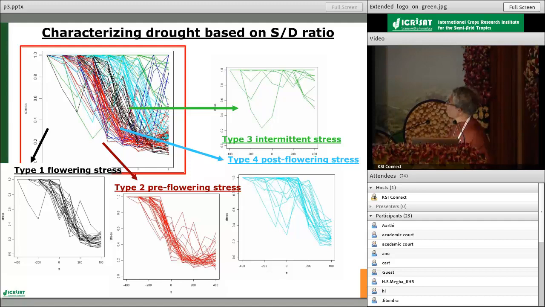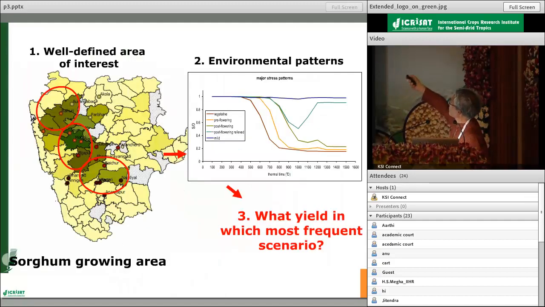When we cluster those types of response, we find 5 types: non-stress conditions, very severe early stress conditions, and everything in between. And the interesting thing is, we thought initially that it's a block of areas where sorghum is grown, but actually we realize that the predominance of those different types of stress varies in different subregions.